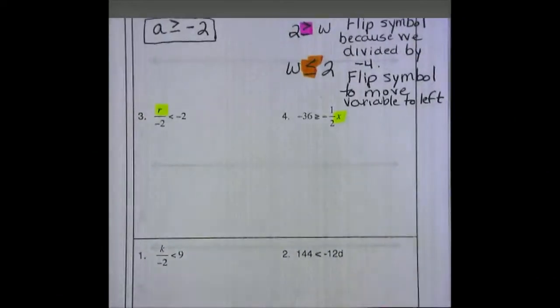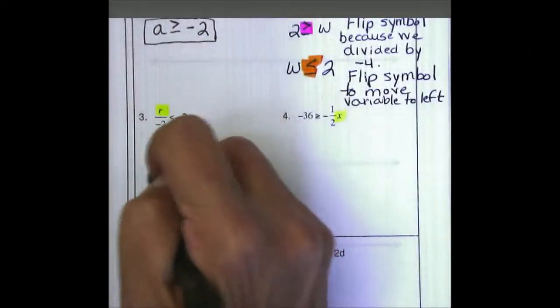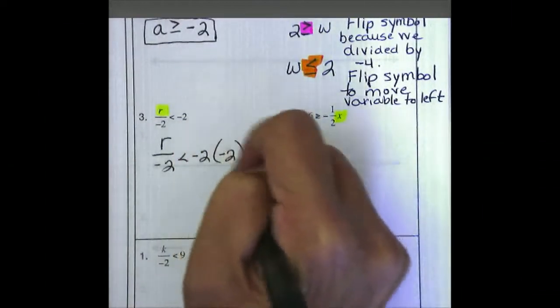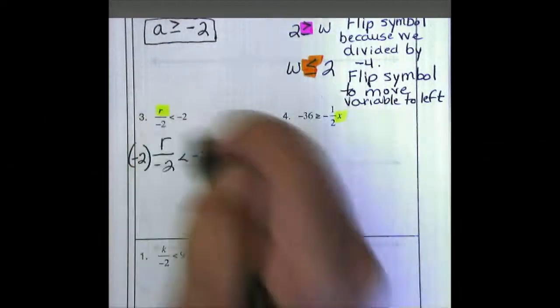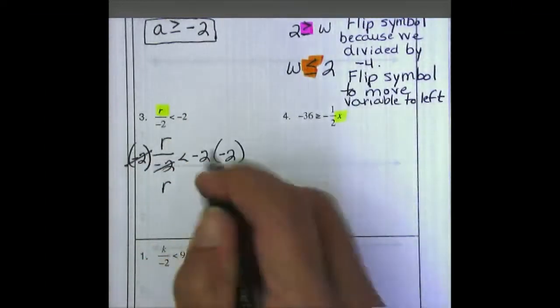Number 3 says r divided by negative 2 is less than negative 2. In order to isolate r, or to get r by itself, we have to undo the division. So we're going to multiply both sides by negative 2. When we do that, these two cancel out. It leaves r by itself.